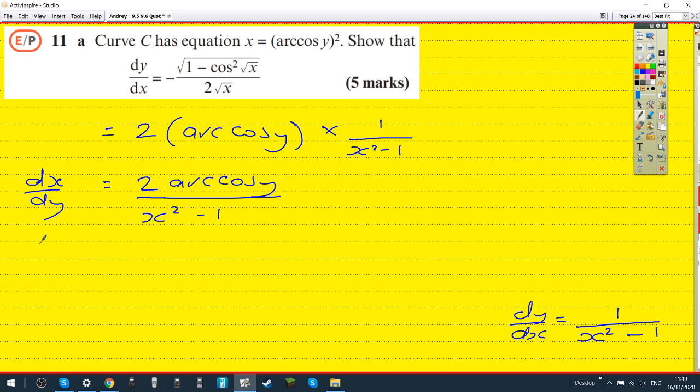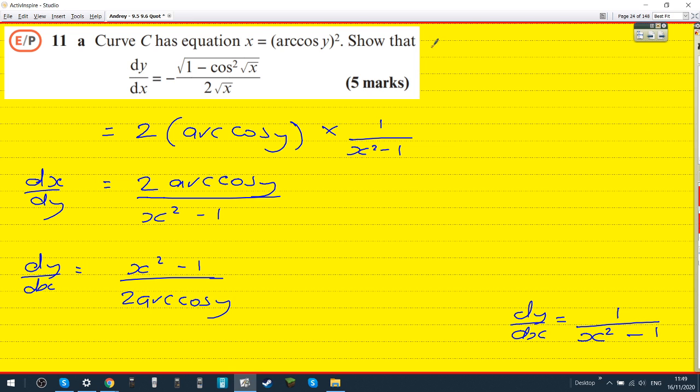Yeah. Oh, so dy dx is that fraction flipped over. We have it in terms of y, so we have to make it in terms of x. So maybe now we do the square root both sides thing. We did need to do it.